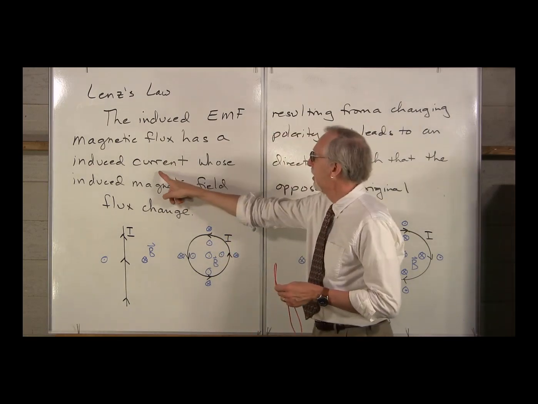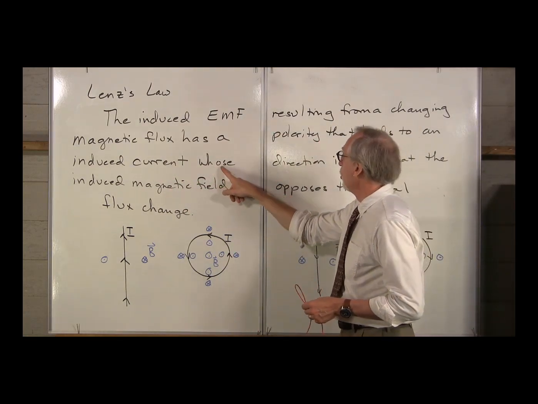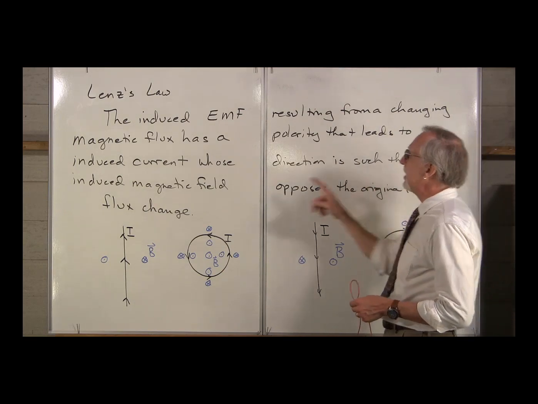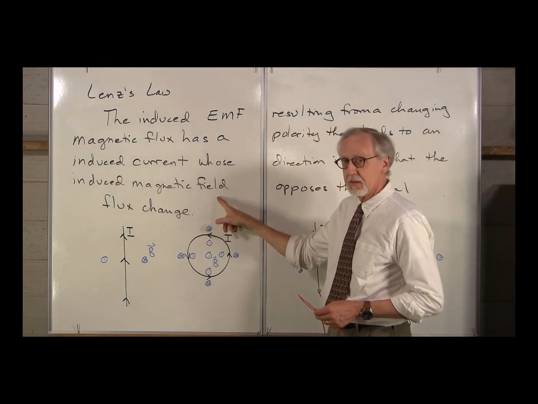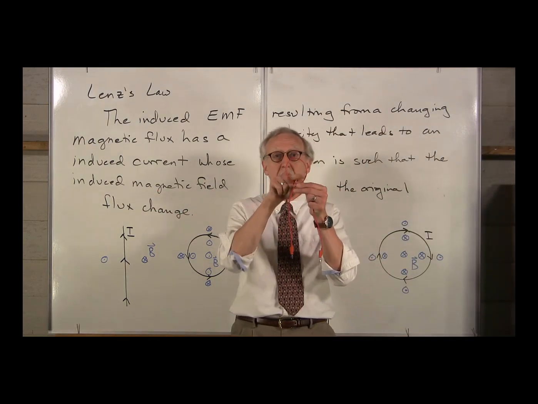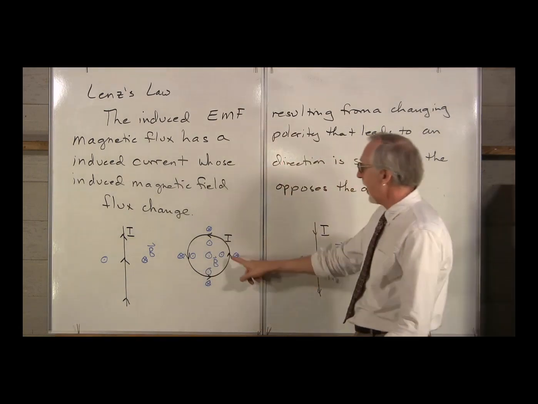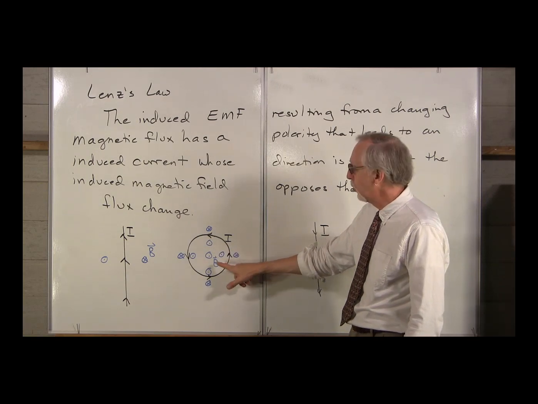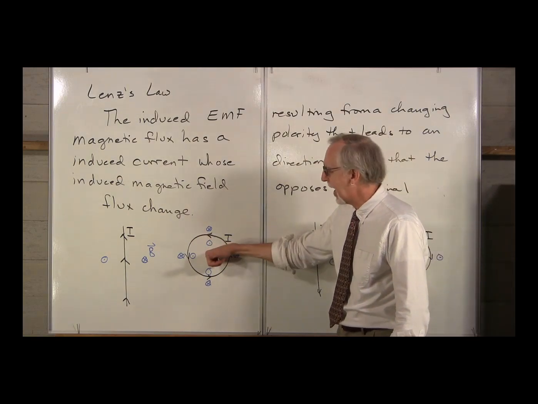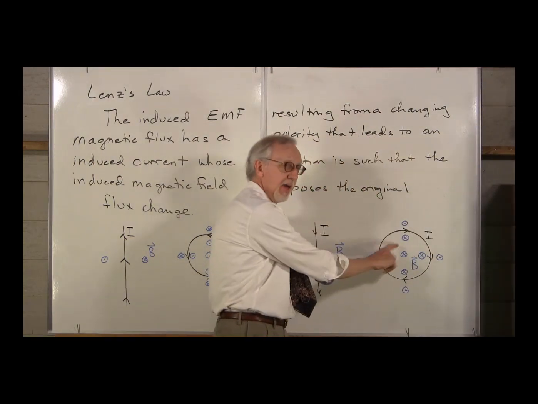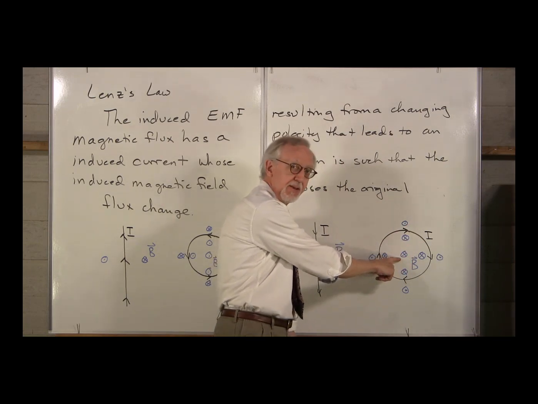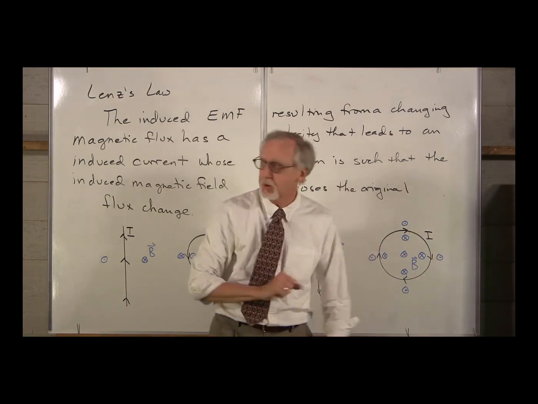The induced current has a direction such that the induced magnetic field, and when you have a current in a loop, that creates a magnetic field. A counterclockwise current will create a magnetic field that is out of the board. A clockwise current will create a magnetic field that is into the board.